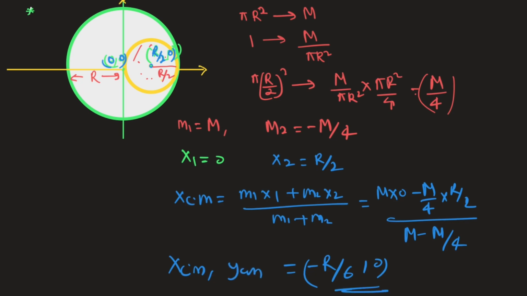So when we are removing mass, we simply have to put that mass as minus, and we are able to calculate it. Now if I remove mass from both sides of the ring, the same mass from the right and the left, you can see by symmetry xcm will be at the same point.